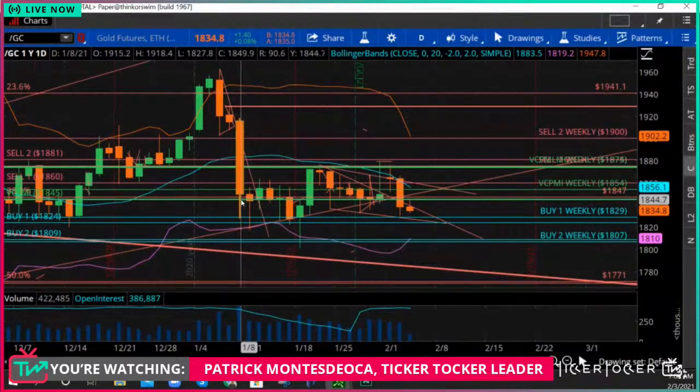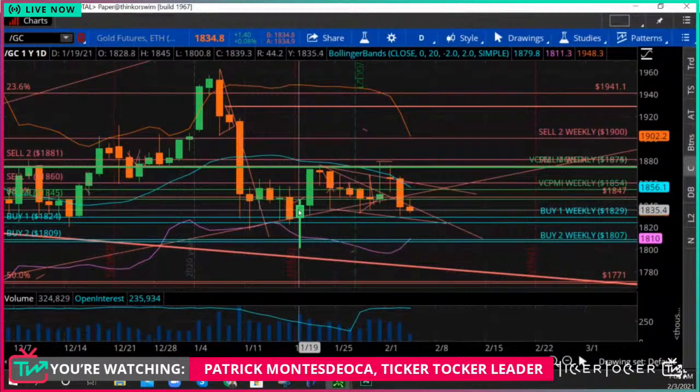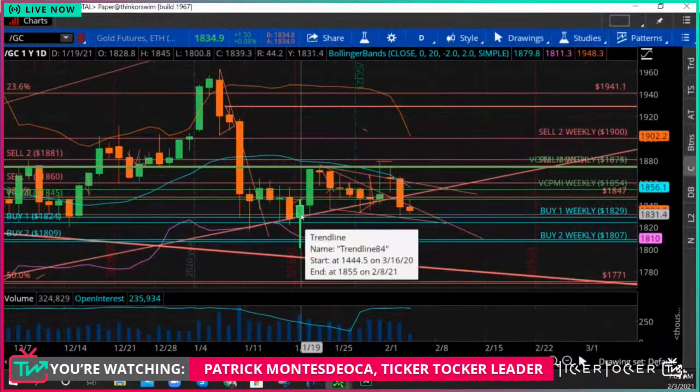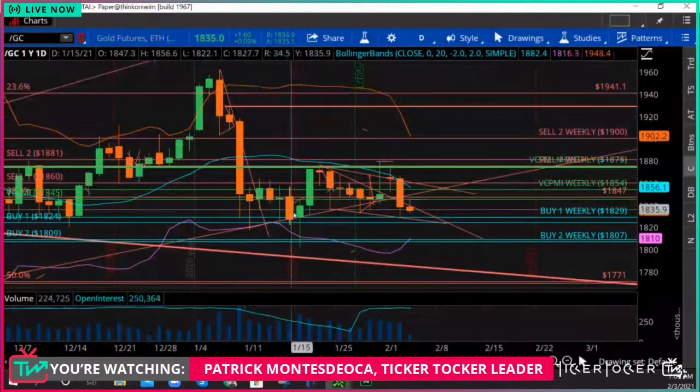And so now, in fact, it came down to the extreme below the average price, down to about 1,800 as of the 19th. From 1962.50 down to 1,800, that is a $162 correction that the market took in 13 days.